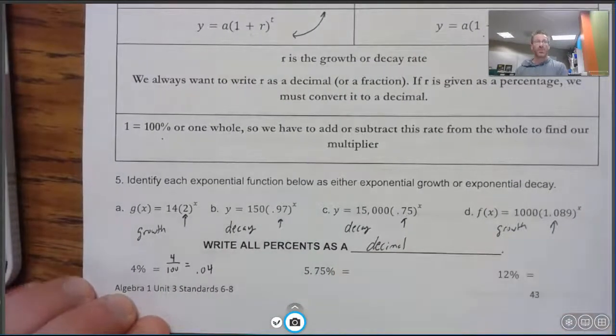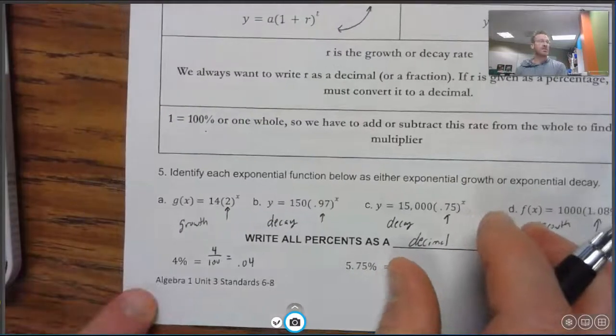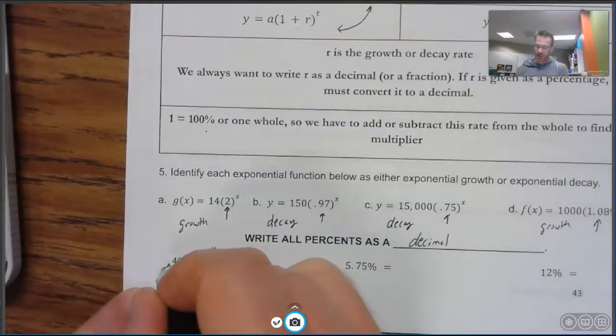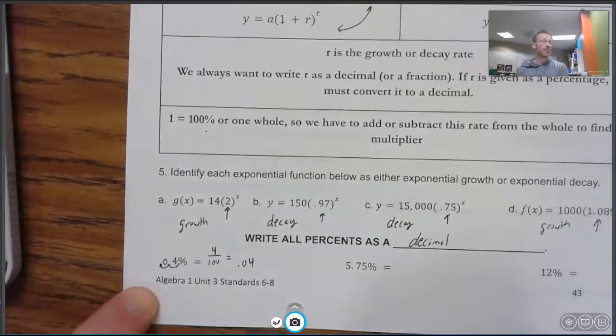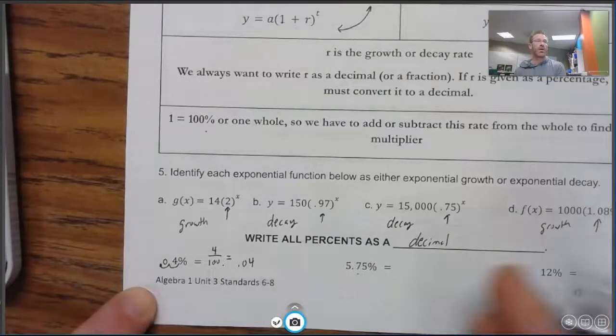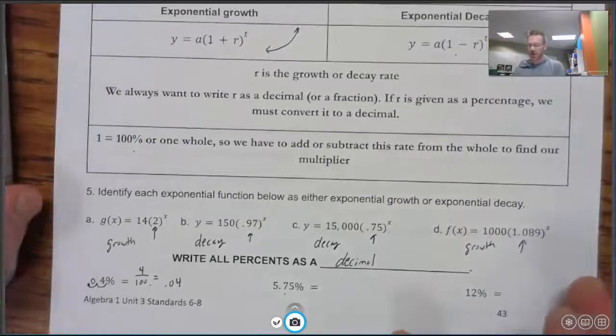Now, what you might remember from your past math experiences is that you could shift the decimal two places. So I could go 1, 2, and now that's 0.04. I think that gets confusing sometimes, especially if you have lots of numbers like this. I think the best way, if you're confused, is to always just divide by 100, and you will always get the right percentage changed to a decimal.